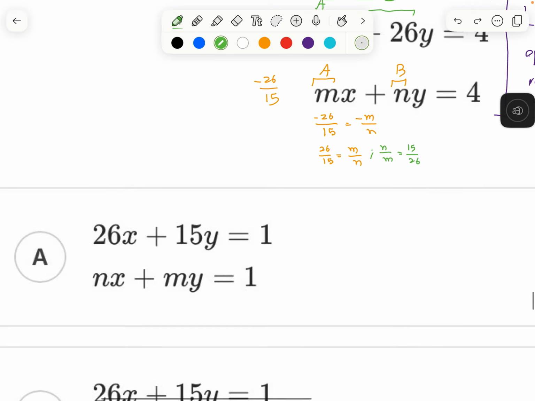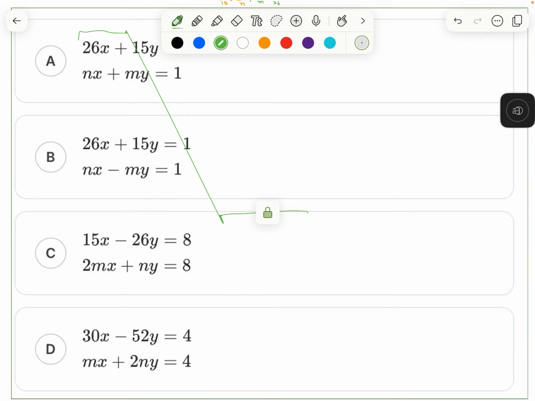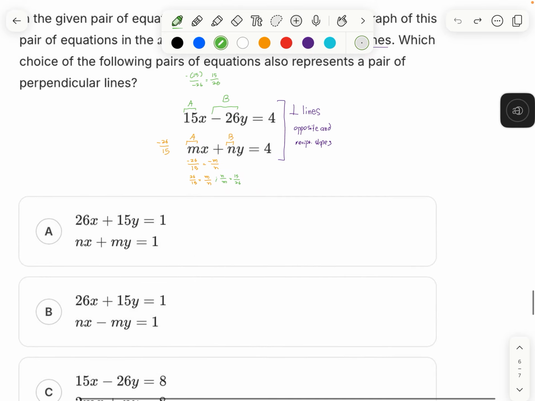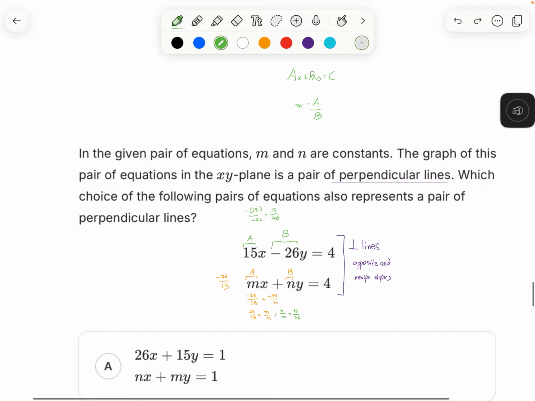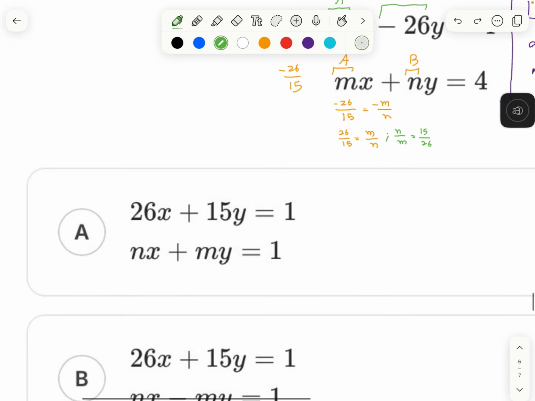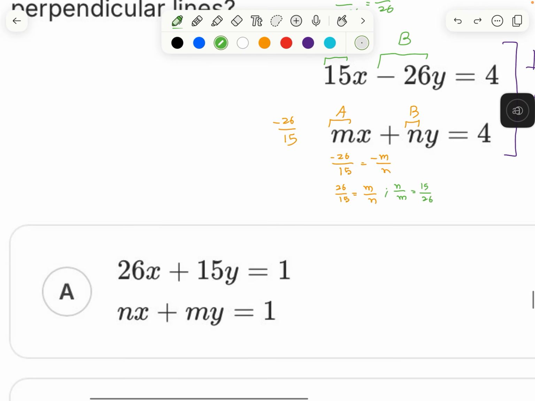So let's look at the first answer choice here. Apply the same logic. If the slope is negative A over B, which we found earlier with this formula, and I would memorize this, by the way, so you don't have to recall it. I mean, you could, but I would memorize it. Negative A over B. Well, in this case, negative A over B is negative 26 over 15.